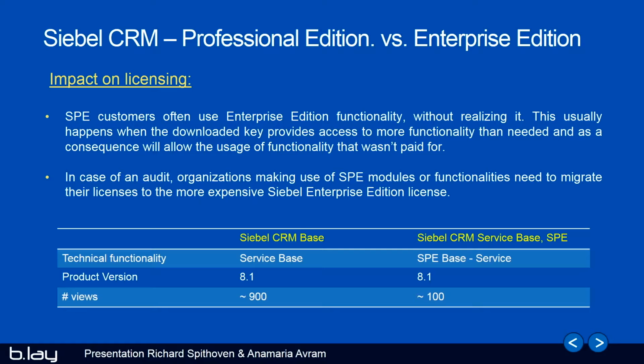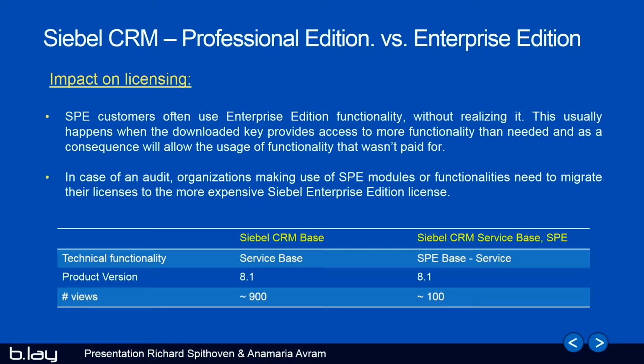I will give you an example to understand how it works. So we have two products. The first one is called Siebel CRM Base, and it is a horizontal product, an Enterprise Edition product. And the second one is Siebel CRM Service Base, Professional Edition, a Professional Edition product.